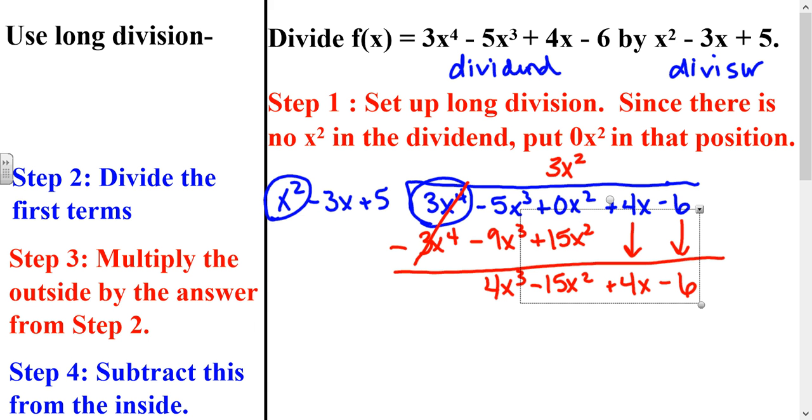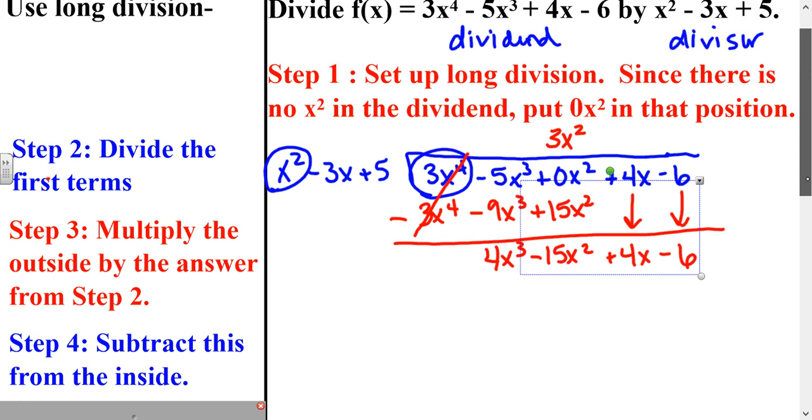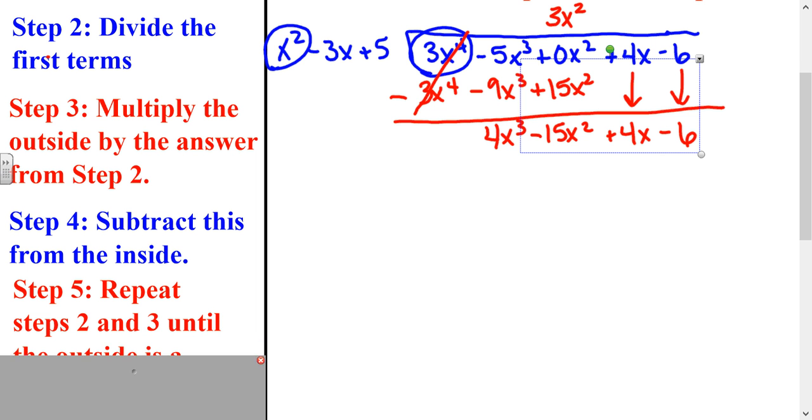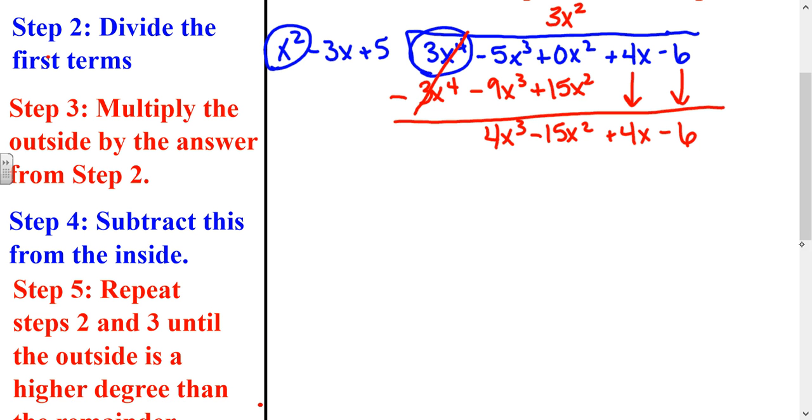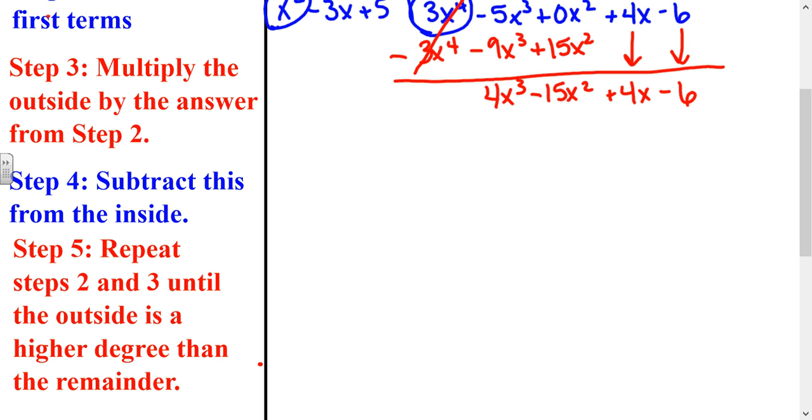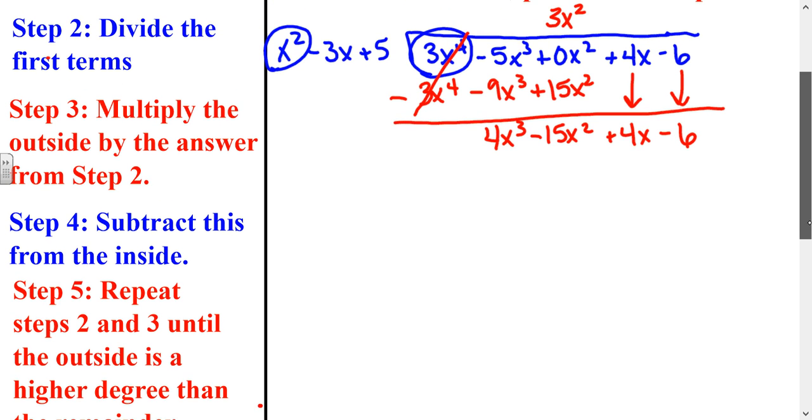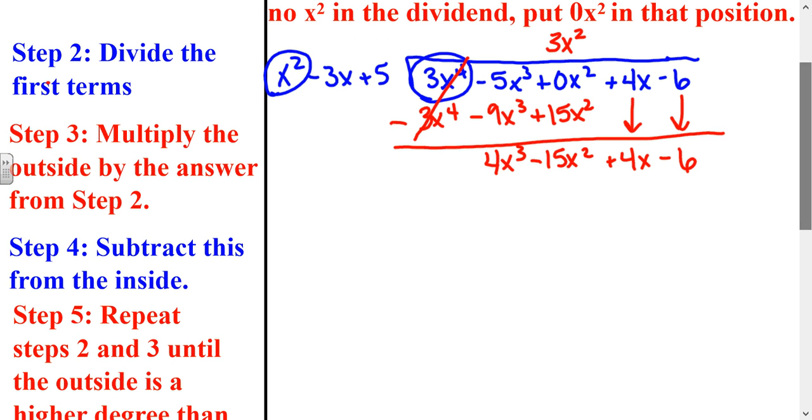Okay, so then what we're going to do is repeat our process. So step 5 is to just repeat steps 2 and 3 until the outside is higher degree than the remainder. And I'll explain more in depth what that means, but it's pretty easy to tell when you're finished because you can't divide anymore.